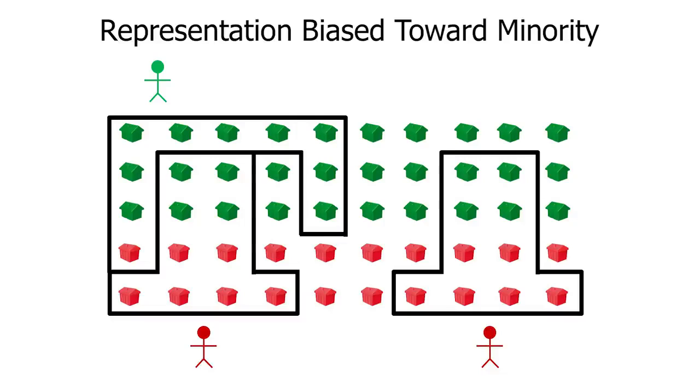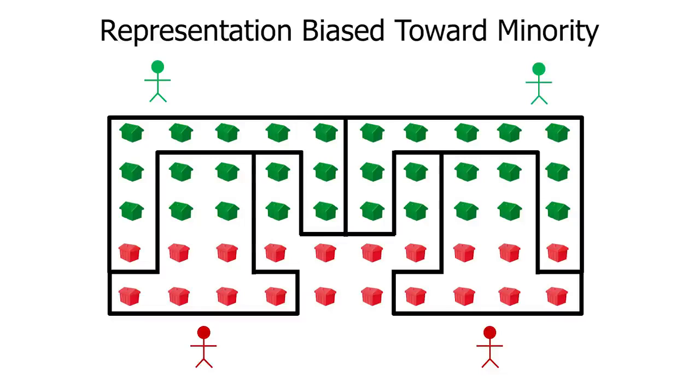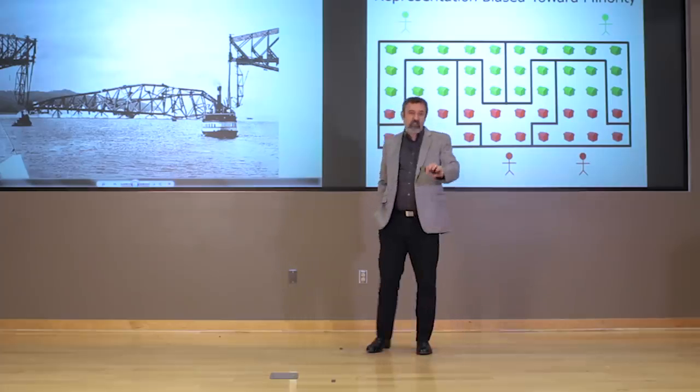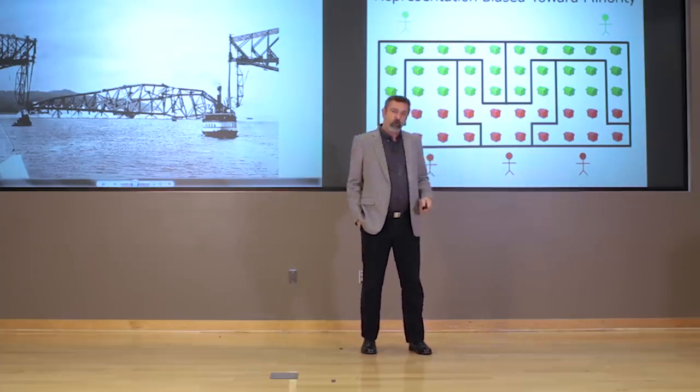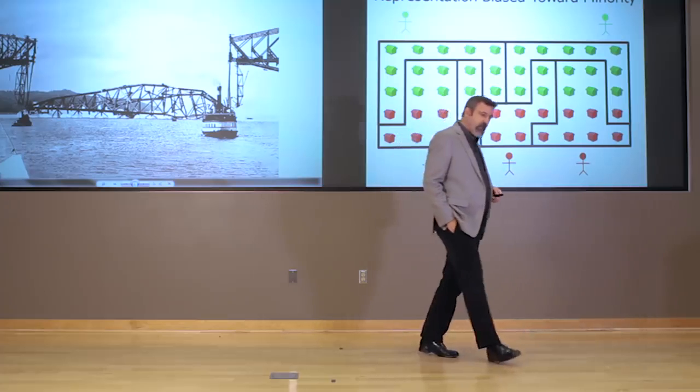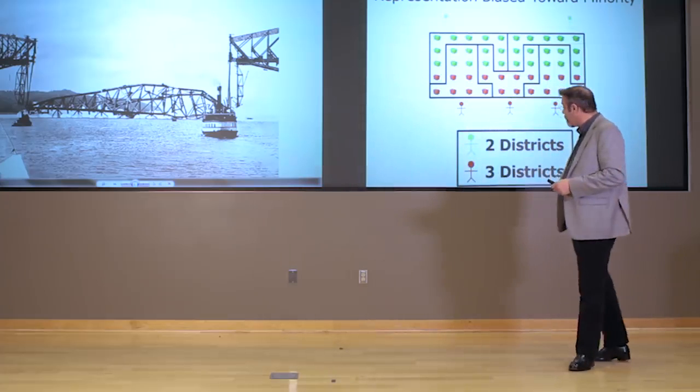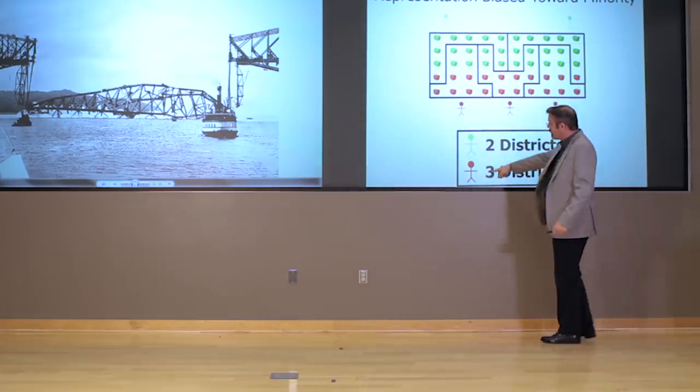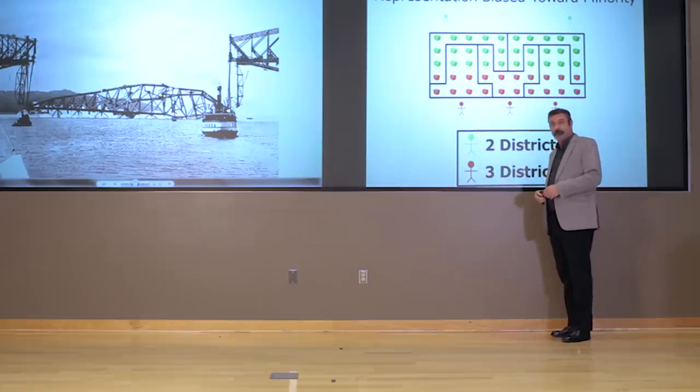They'll elect a green representative, as will those 10 households. And finally, here's our last district comprised of these 10 households. They'll elect a red representative. And look what's happened. We have taken the same population we had before, redistricted it, and now we have a majority representation in Congress of a minority of the population.